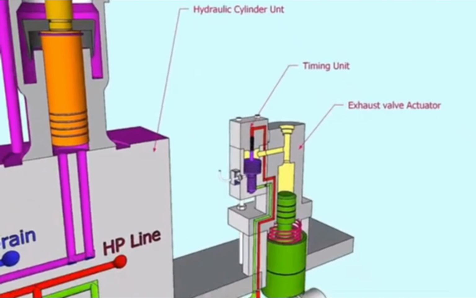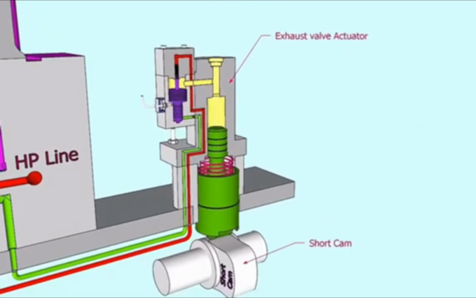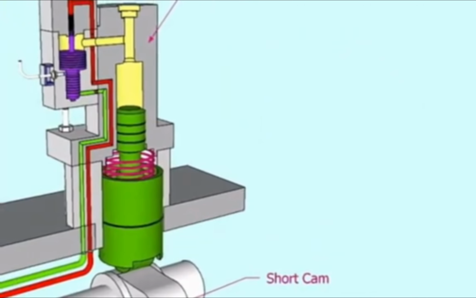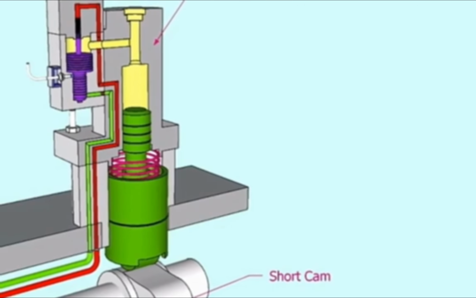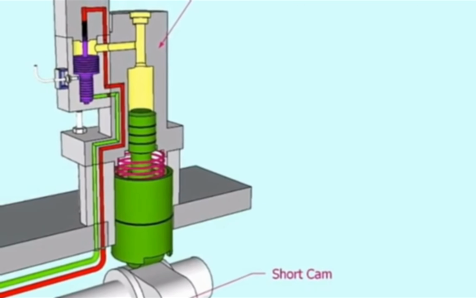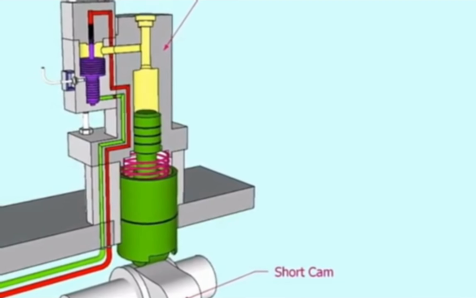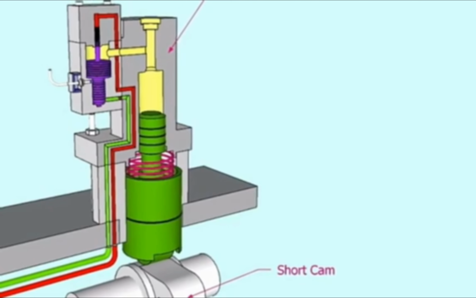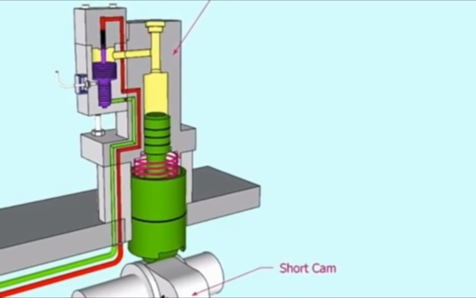This happens only in the downward stroke, that is, the closing stroke of the exhaust valve. How are they achieving it? They made a cut in the closing profile of the cam.